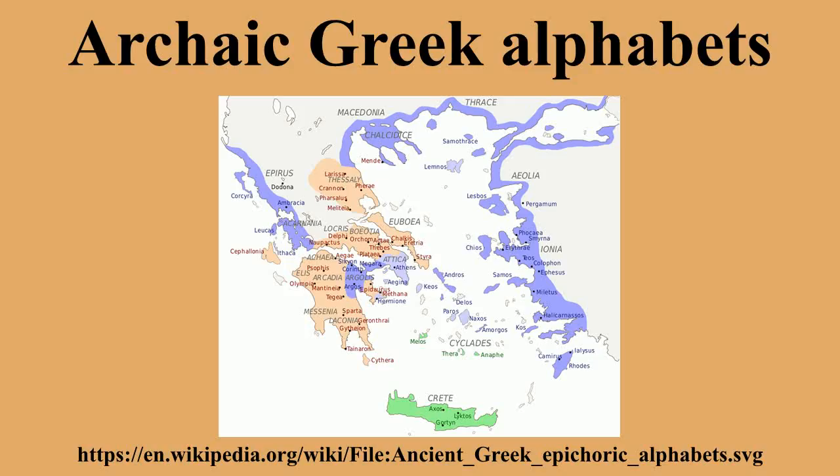This new system was subsequently also called the Euclidean alphabet, after the name of the archon Eucleides who oversaw the decision.